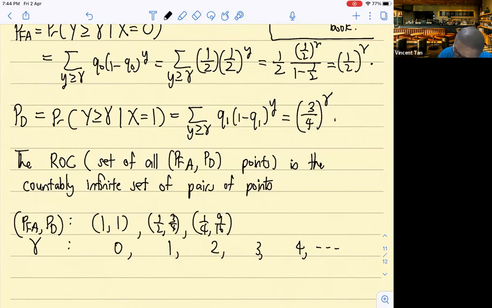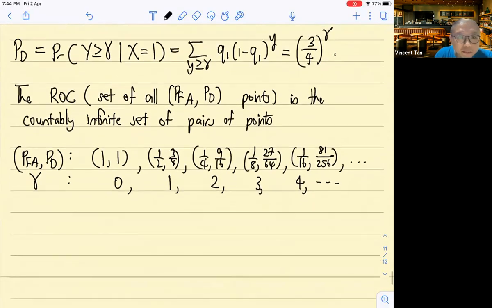If I take the power of 3, I have 1 over 8 and 27 over 64. I do not know whether I can continue. What is 3 to the power 4, 4 to the power 4? This is 256, I think. This is 81, and so on. So this is the ROC.